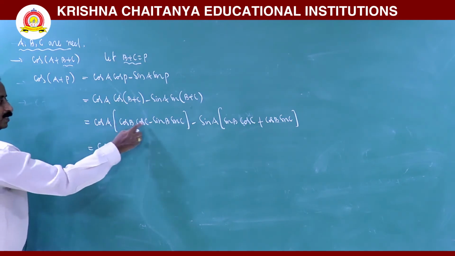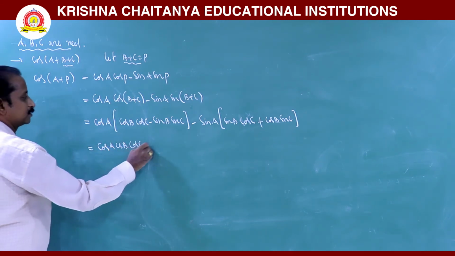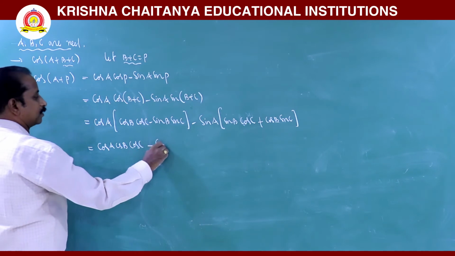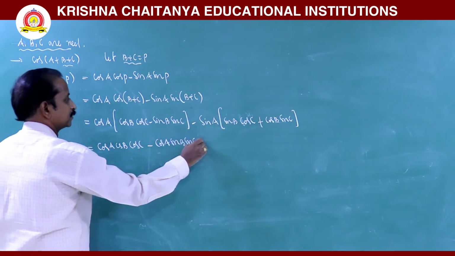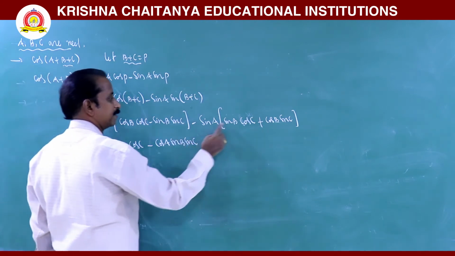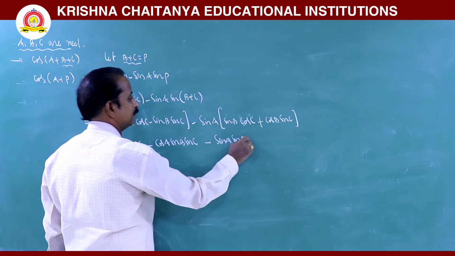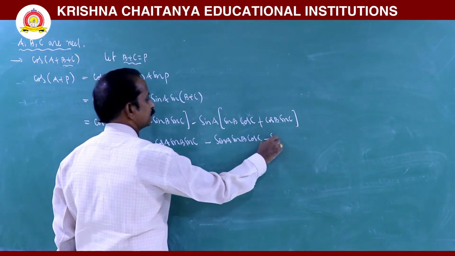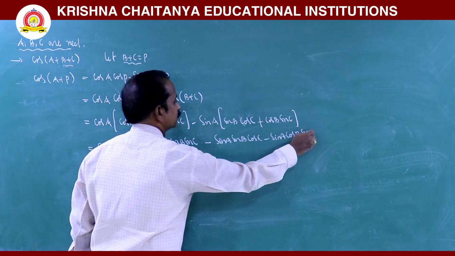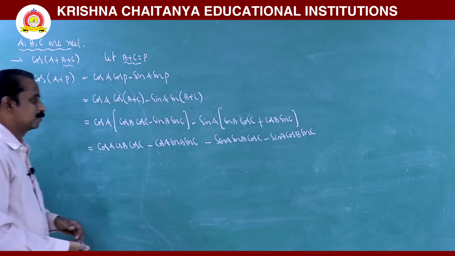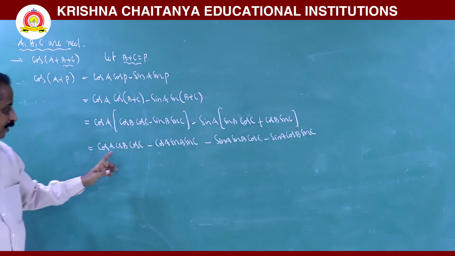Cos A cos B cos C, minus cos A sin B sin C, minus, multiplying with sin A, we get sin A sin B cos C minus sin A cos B sin C. Now we have four terms, and we can write them in a simple manner.